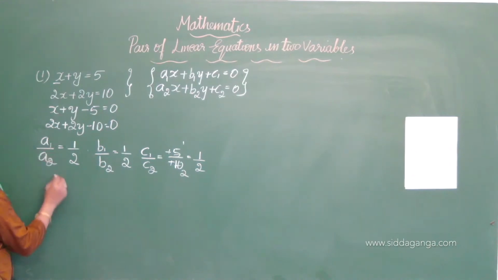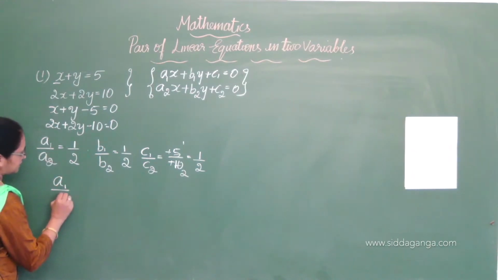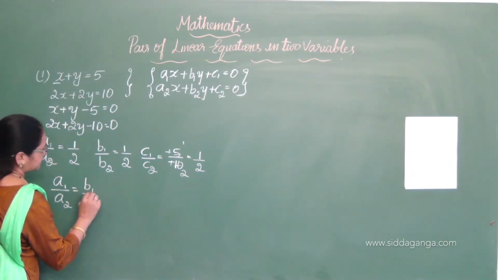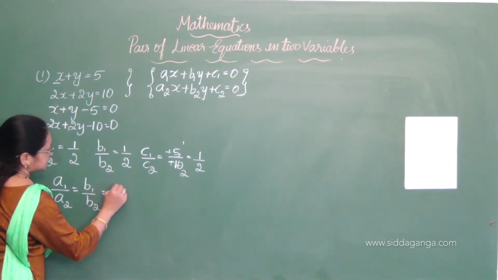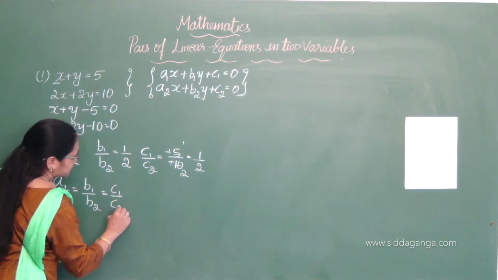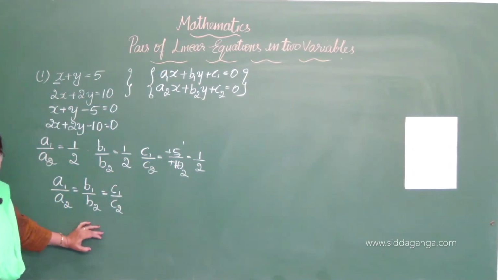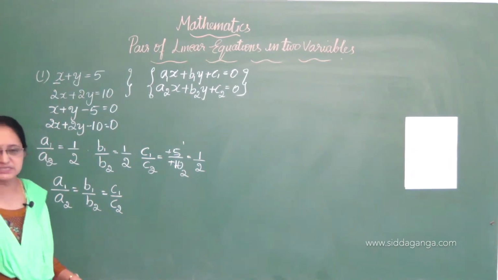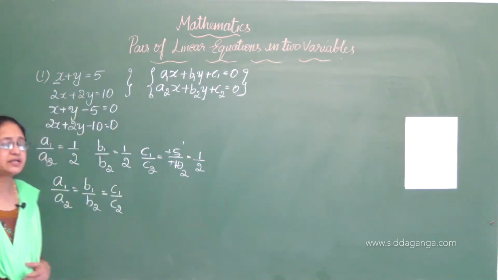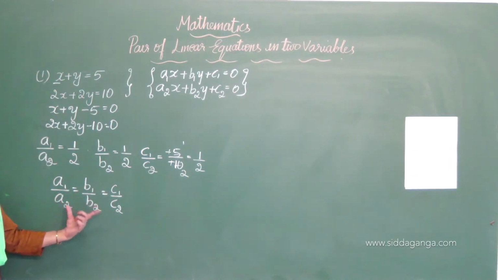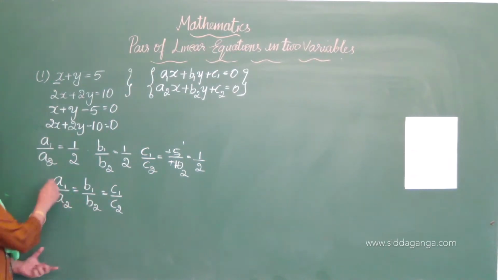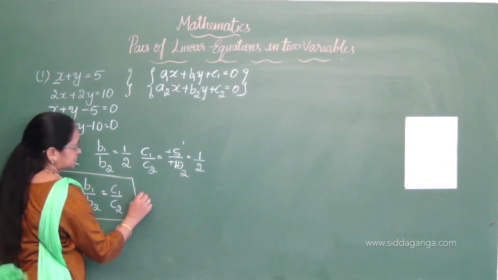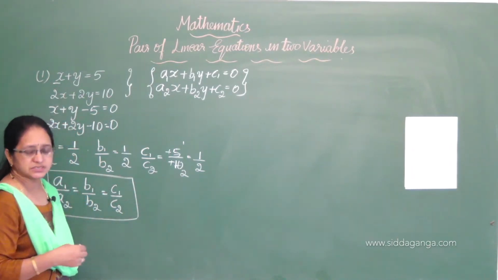Now, to what conclusion can you come? That is, A1 by A2 is equal to B1 by B2 is equal to C1 by C2. If this is the condition, I had told you in the previous class that it is a coincident line, meaning you will get infinitely many solutions. So this condition shows that the pair of linear equations is consistent.